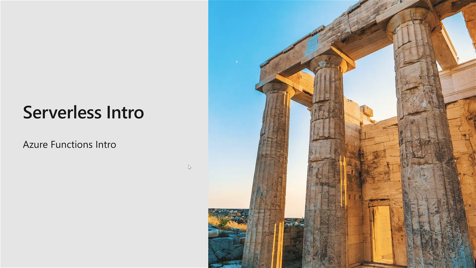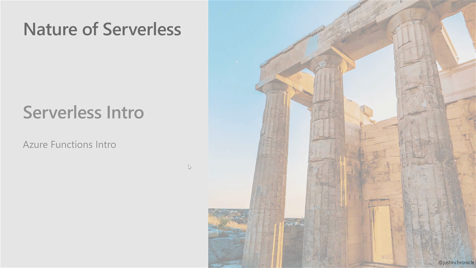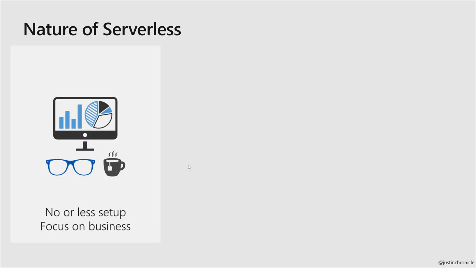Right. So let's talk about the basics of what the serverless architecture looks like, then what Azure Functions looks like. The first thing is the nature of serverless architecture. The term serverless sounds like there is no server.